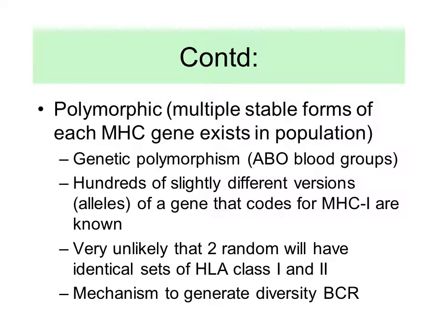Now, since we have a different choice for picking up different gene components for MHC, likewise, we have a different choice for picking up a particular gene when it comes to BCR as well. Remember, BCR also has that Fab fragment which is variable, and then you have heavy chain and light chain.